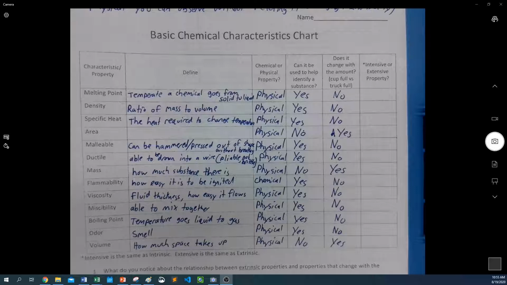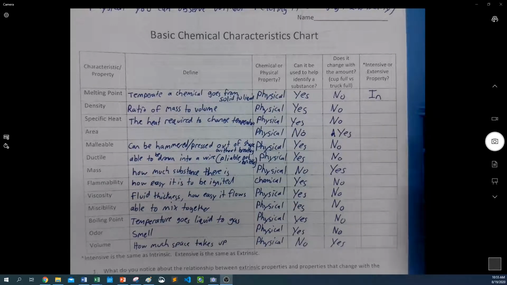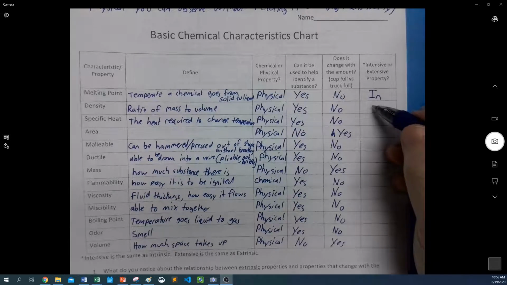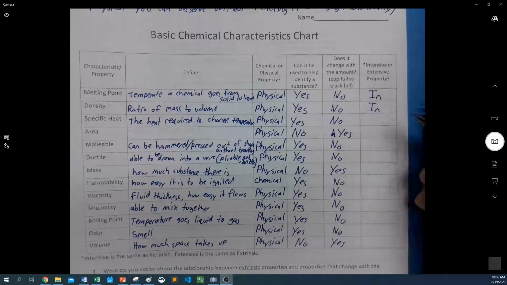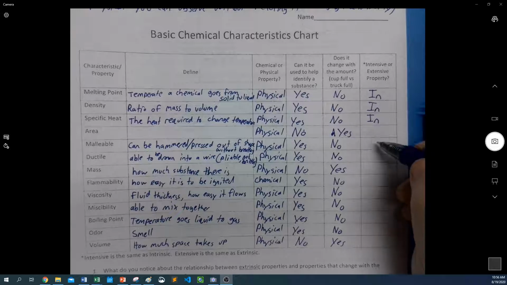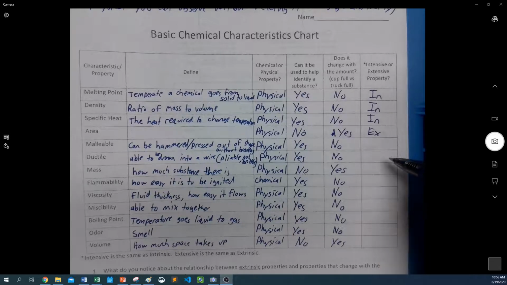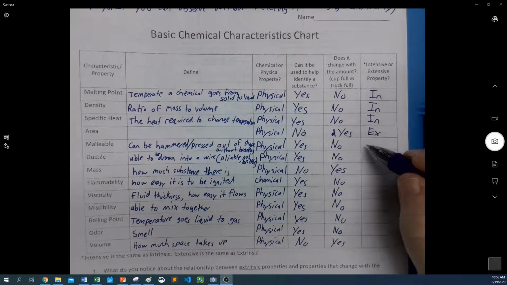So let's go back over this. Melting point. Was it intensive or extensive? So it would be intensive. Density. Intensive. Specific heat. Intensive. Area. Extensive. Area is based on length. Malleable. Intensive.